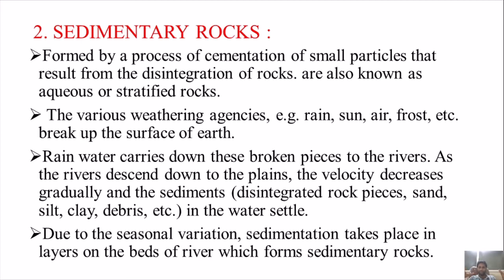Particles of the different types of rocks are carried towards the river, and the river will form certain deposition at a certain place. This deposition of different disintegrated pieces of rock will form a rock. That rock is said to be sedimentary rock.